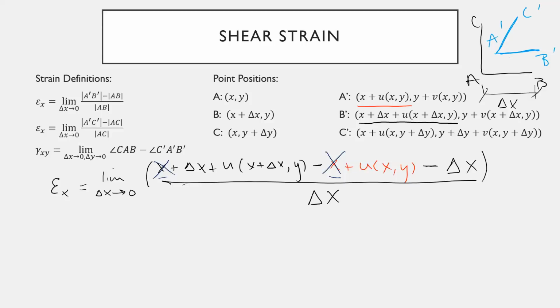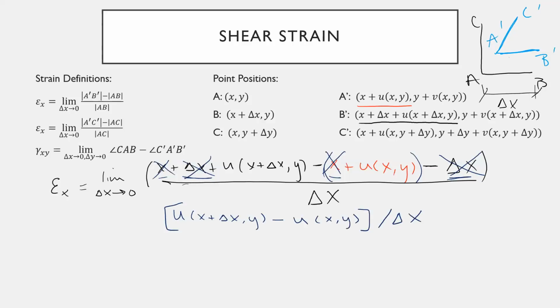We have to be a little bit careful though because that negative needs to distribute, right? We're subtracting this x plus u. So I have a positive delta x and a negative delta x, so those can cross out. And what we're left with is u at x plus delta x comma y minus u at x comma y divided by delta x.